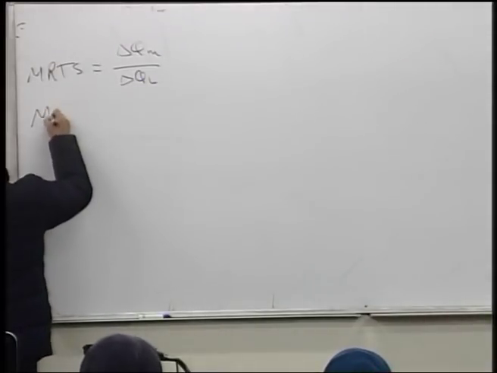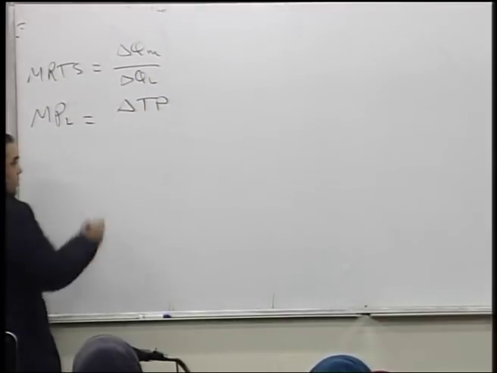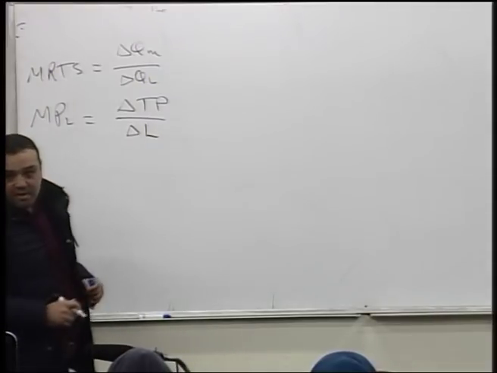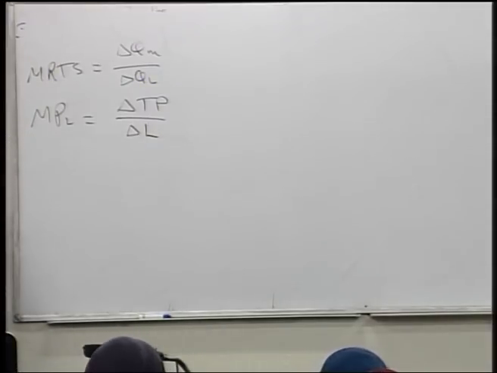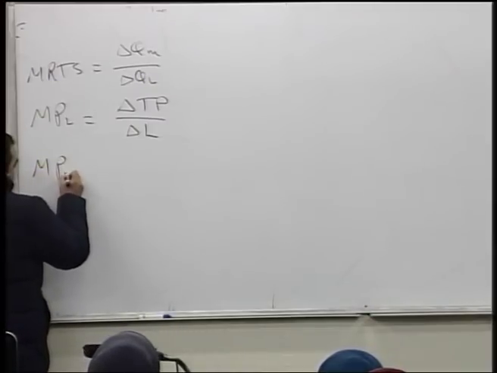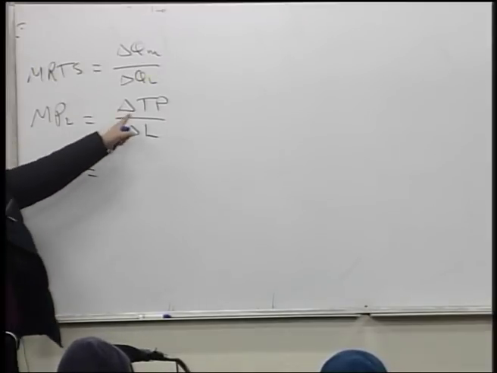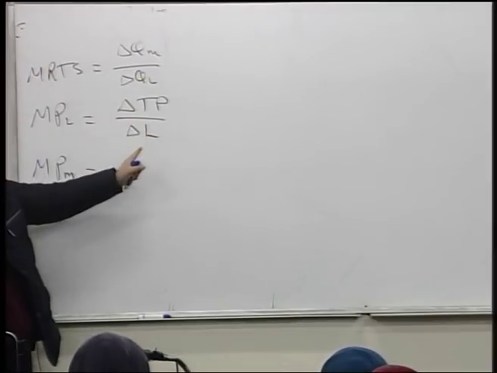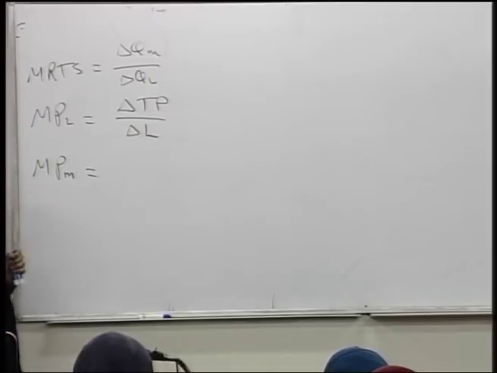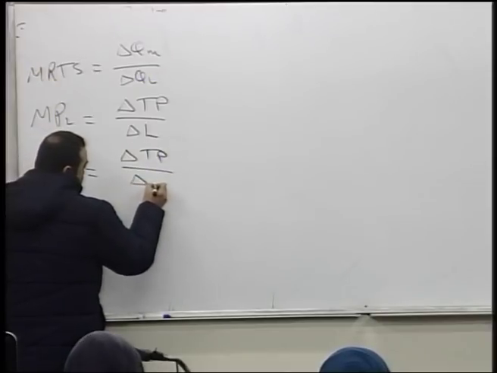As you know, the marginal production of labor equals the change in total production over the change in L, or quantity of labor, number of workers. And the marginal production of machines, MPM, equals the change in total production over the change in the number of machines.